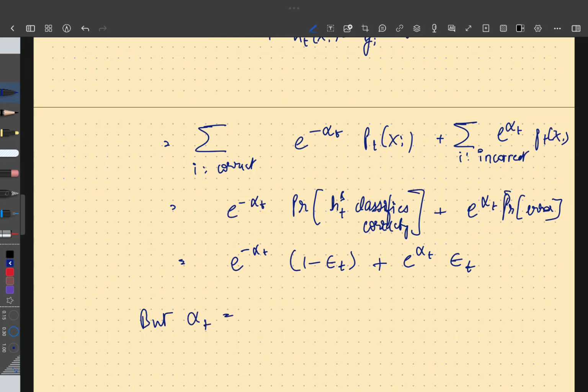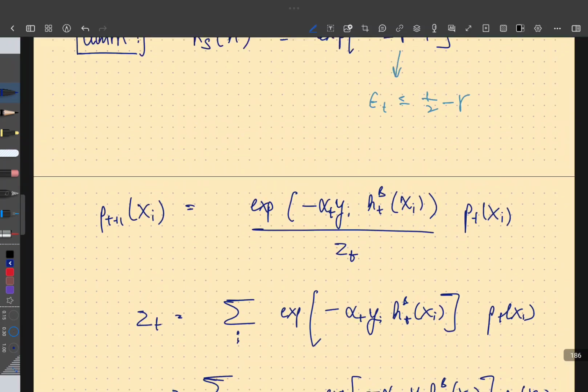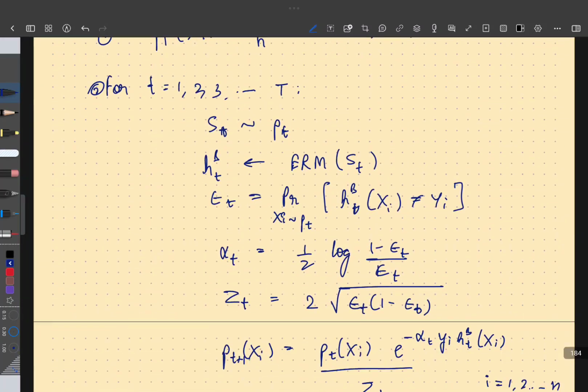But what is alpha t equal to? Alpha t is equal to half log of 1 minus epsilon t by epsilon t.